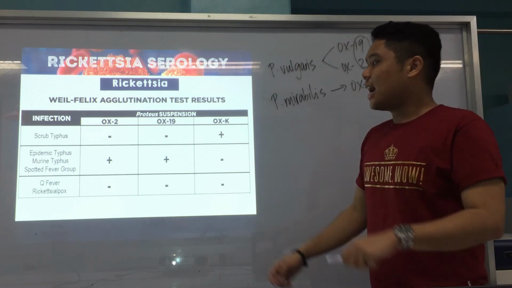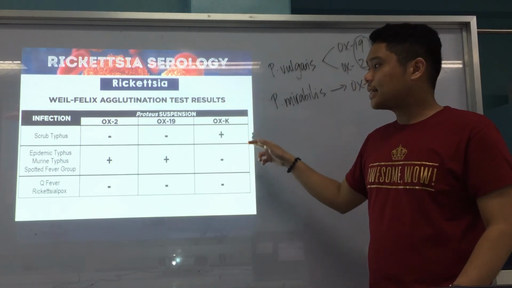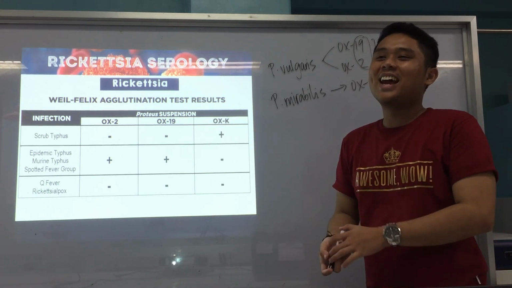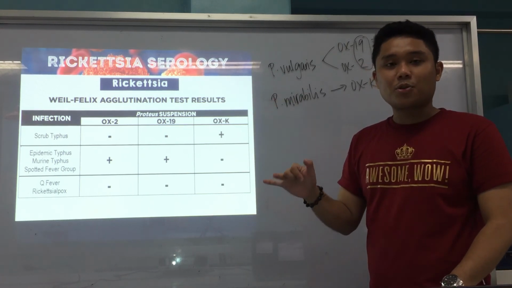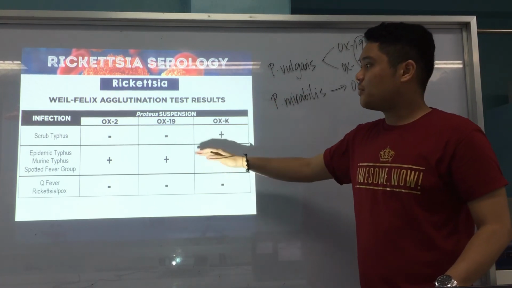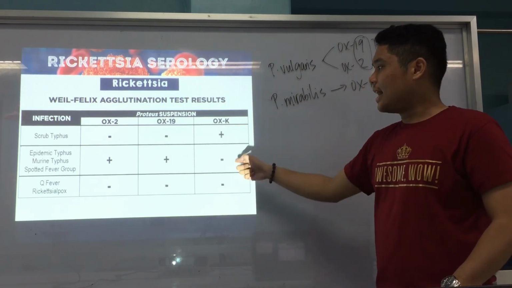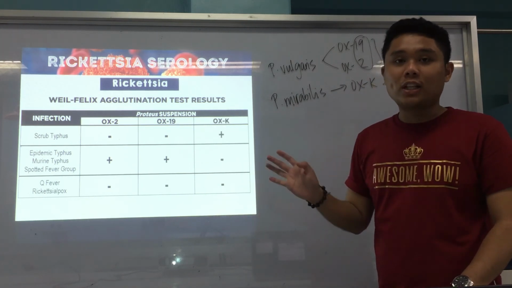Now we go into the results. Only scrub typhus is positive for OXK. That's Orientia tsutsugamushi. Now the rest, epidemic typhus, murine typhus, and spotted fever group, are positive only for the numbers, and negative for K. And Q fever and rickettsialpox are all negative.